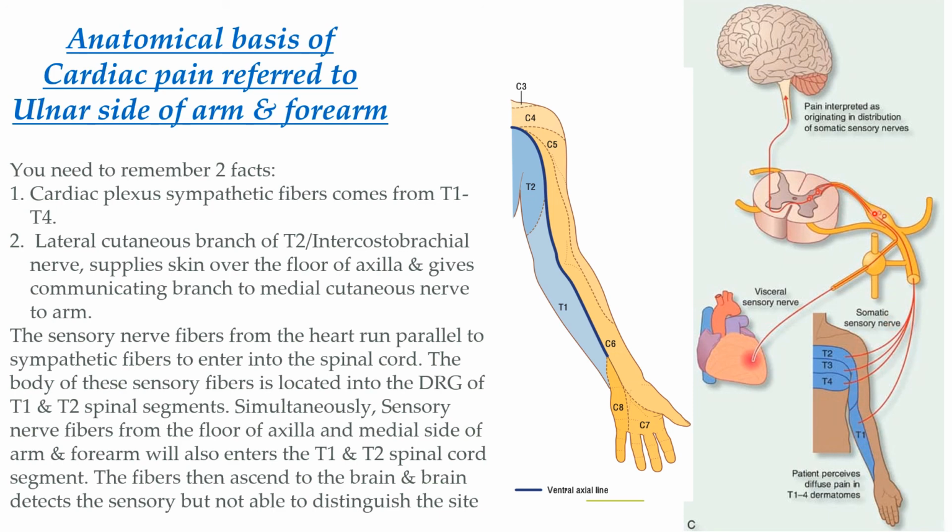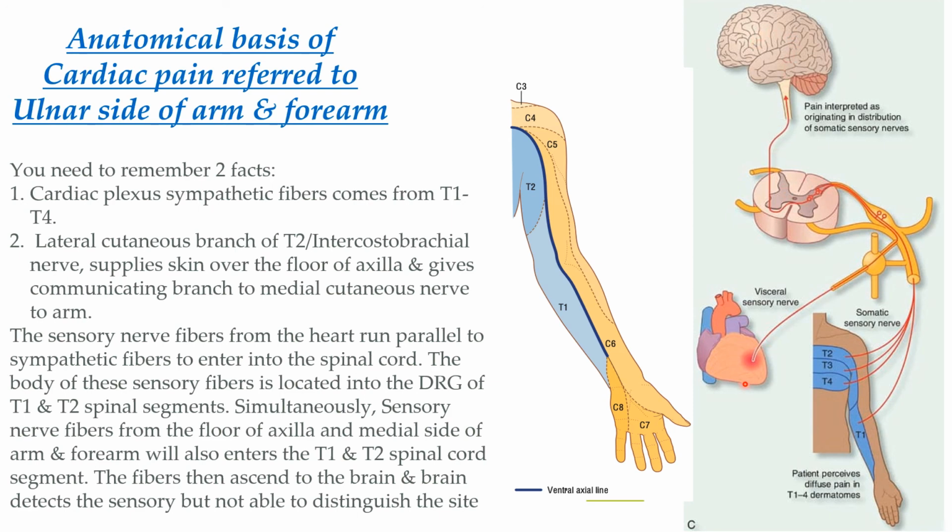will then ascend upward, cross the thalamus and enter the cerebral cortex. Now, the brain will detect the sensory input, but the brain won't be able to distinguish the sites from where these inputs are coming.